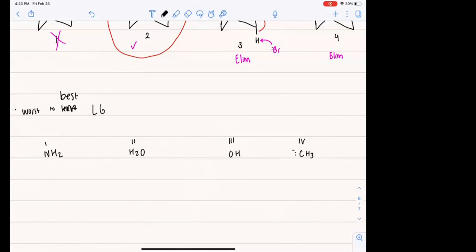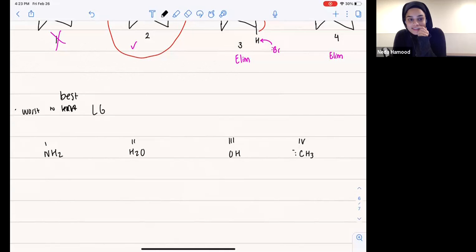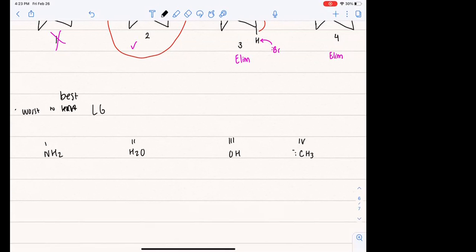But I know CH3 wouldn't be really good at being polarizable because it can't distribute that negative charge well. But then it does have a negative charge, which the others don't. I'm going to give you a hint: NH2 is the second worst. Okay, right. So methyl is the worst.